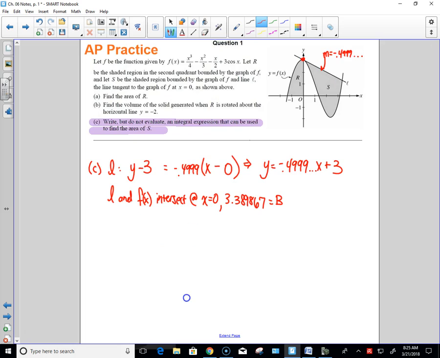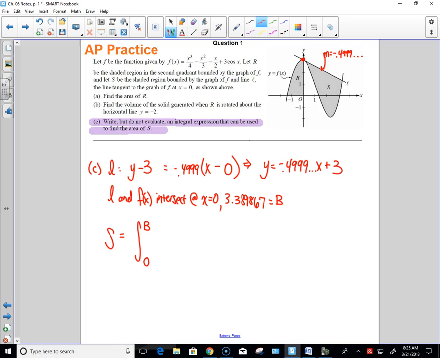So then when I plug into my integral, the area of S is equal to the integral, not volume, area, 0 to b of, what'd you guys plug in? What's the first function? No. It's L. L is on top.